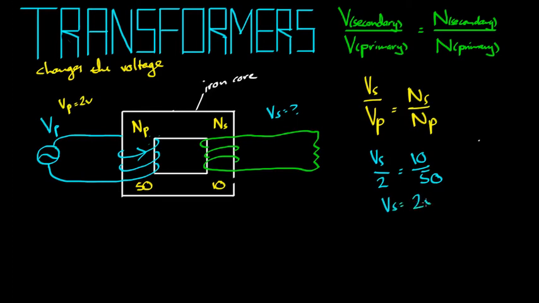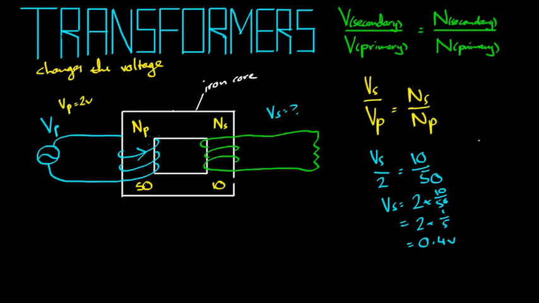Vs equals 2 times 10 on 50, which is 2 times 1/5, or 0.4 volts. So since there's fewer loops on this coil than this coil, the voltage has decreased from 2 volts to 0.4 volts. This is known as a step-down transformer.